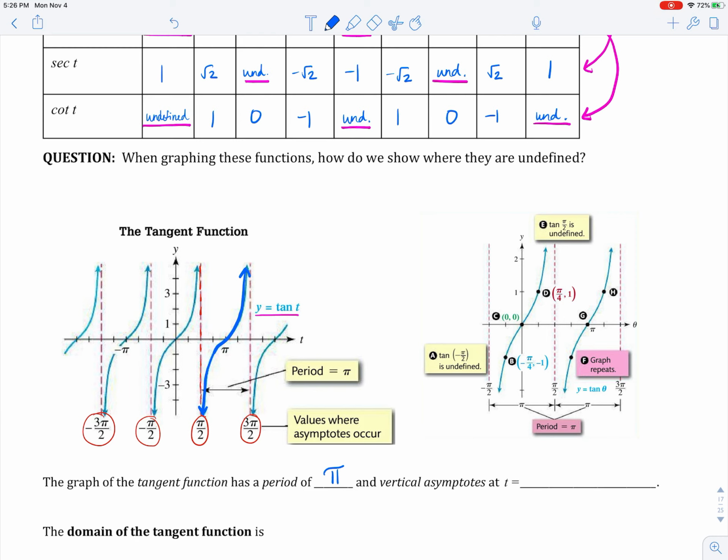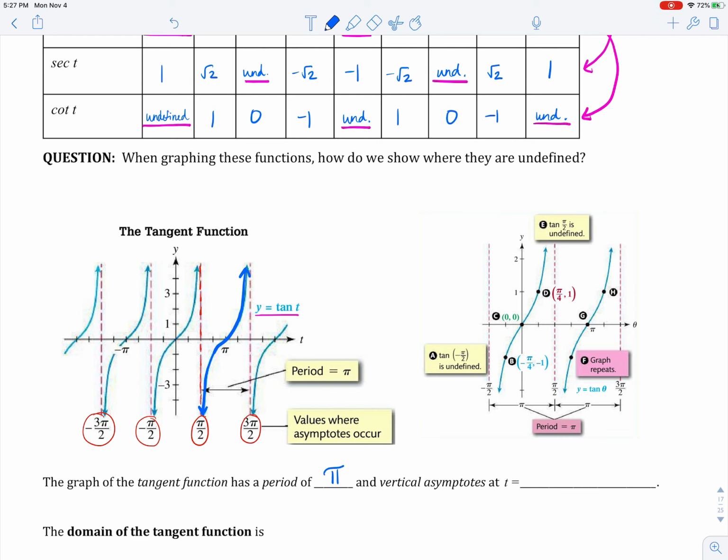We said that for sine and cosine, we call them periodic functions. They're cyclical or circular functions that repeat every 2 pi. The values repeat every 2 pi. For tangent, however, the values repeat every pi. So that's why the period is pi.